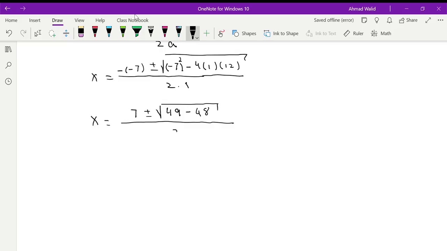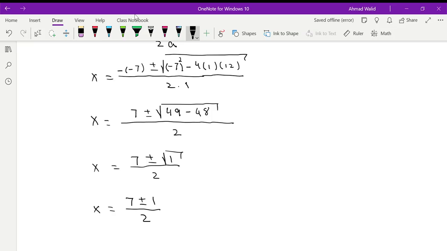Over 2. X equals 7 plus minus the square root of 1 over 2. It means x equals 7 plus minus 1 over 2. From here, because you can go on, don't leave the answer like this. Write two answers.